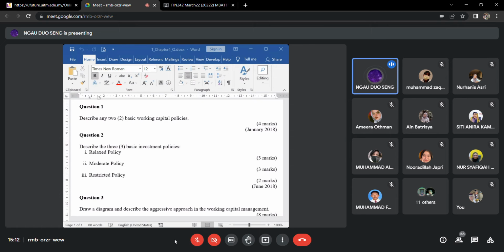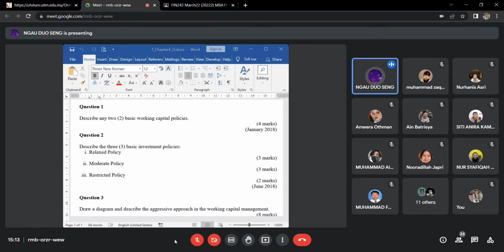Then we have high risk policy. So maintain low amount of current asset, this one. And with stringent credit policy, right, this. Right, invest in fixed asset which result to high profitability but low liquidity.